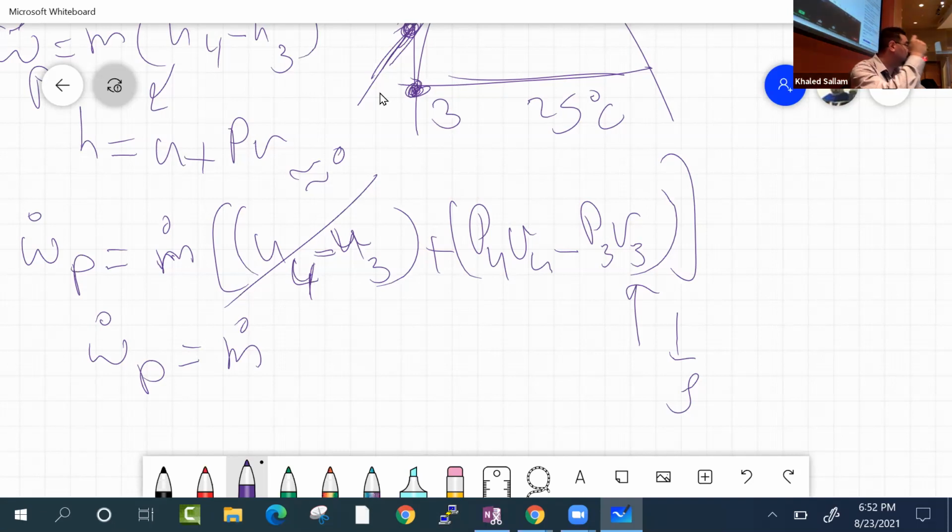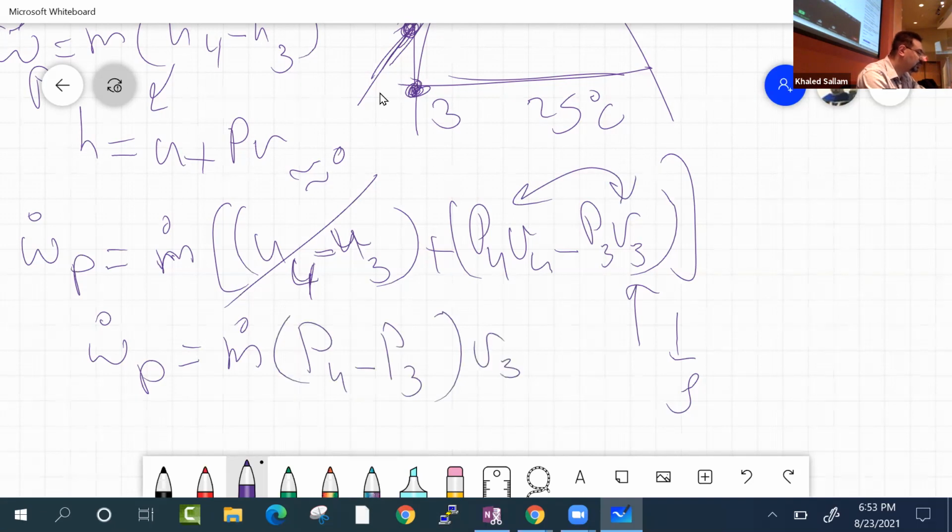Very little. Yes, it does, but very little. Again, Bill Gates's t-shirts and shoes compared to his overall wealth. So what am I saying? I'm saying that V4 and V3 are almost the same. Yes, it will change, but hardly. So it's P4 minus P3 multiplied by V3.